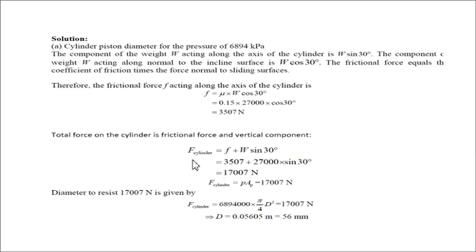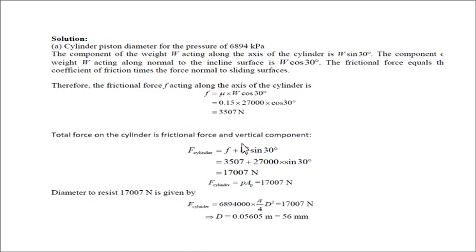To find out the dimension of the cylinder, first we need to know the force which is required to be handled by that particular cylinder. Since the pressure value for that cylinder is given, naturally if we know the force we can definitely find the area.